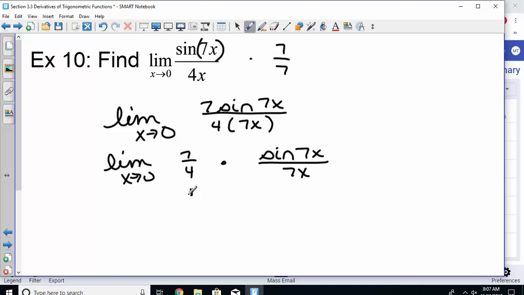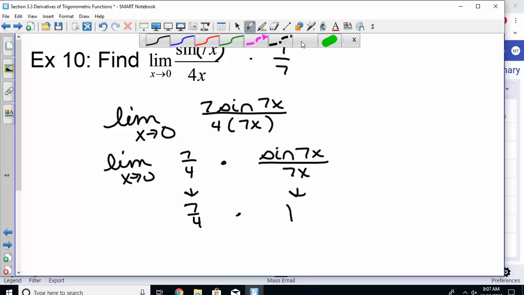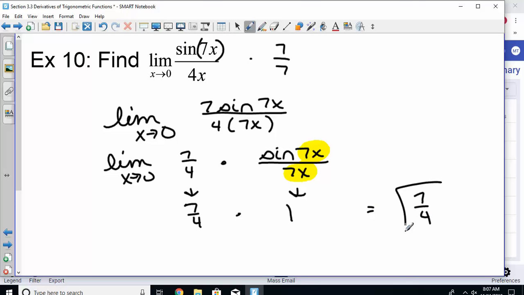As x goes to 0, what's 7/4 going to? Not a trick question. There's no x in it, so it's still 7/4 times the limit as x approaches 0 of sine 7x over 7x. This piece goes to 1. Because I can't plug in and get 0 on the bottom, but since these match, I can use that rule and say it goes to 1. So the entire thing goes to 7/4.